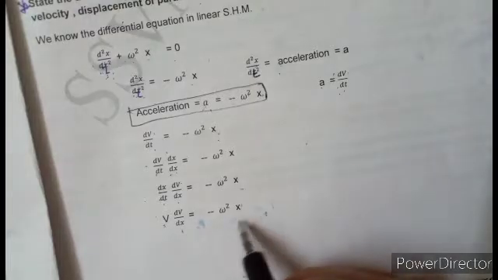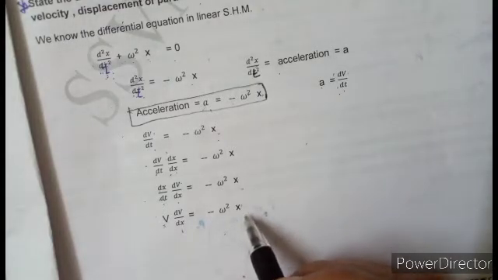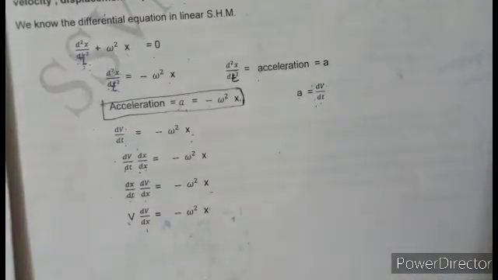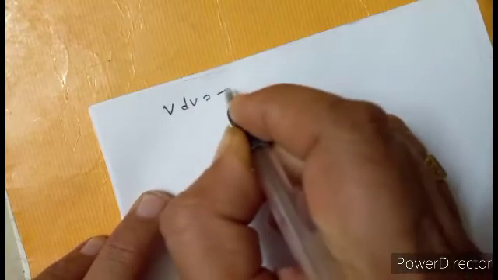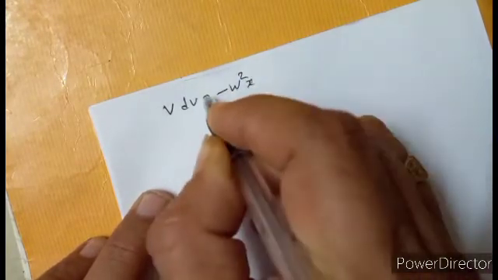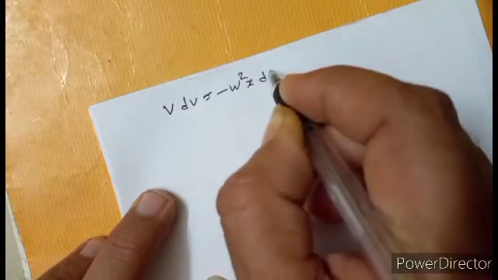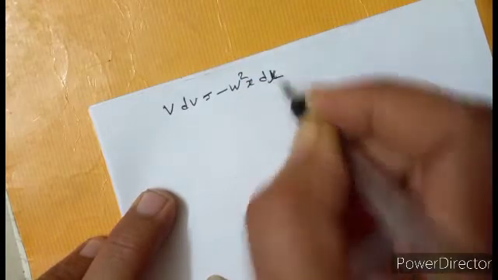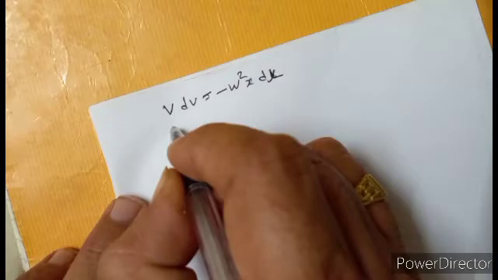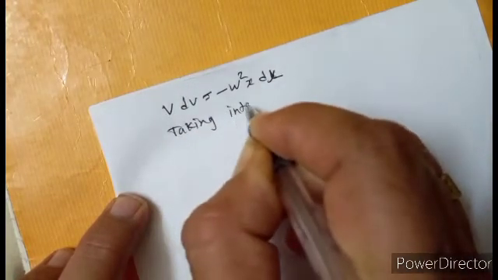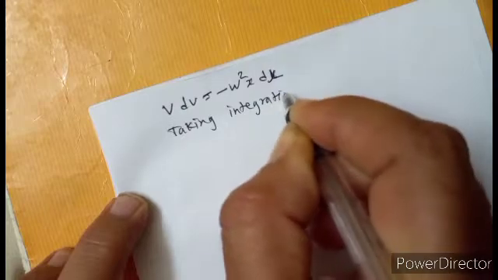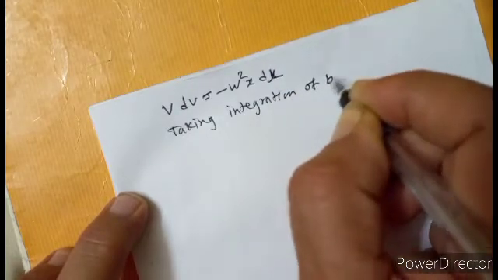Shift this dx to the LHS side. Then we get v dv is equal to minus omega square x into dx. Taking integration of both sides.